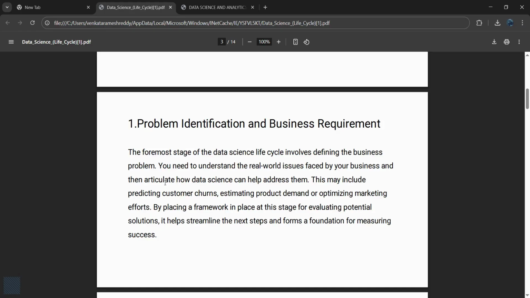So it is helping not only in business but also in predicting customer trends and estimating product demand. It means you are estimating the price of the product. Suppose there is a very famous product and there is a lot of demand for it.